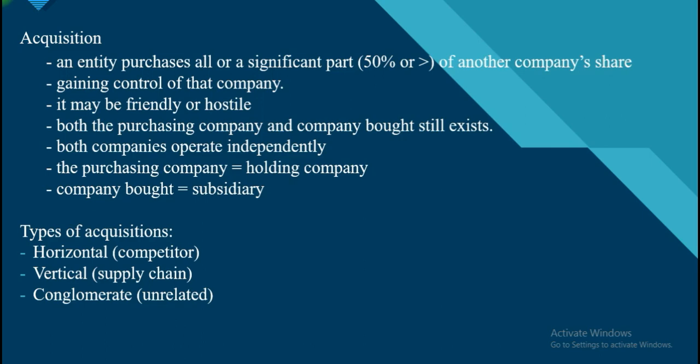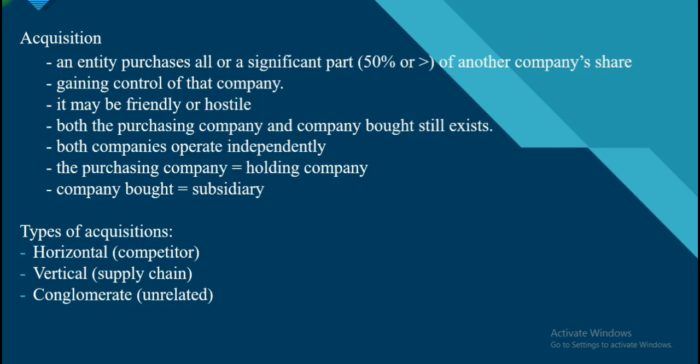All right. Now, when an acquisition takes place, you still have both entities maintaining separate legal identities. So this is where it differs from a merger, because when a merger takes place, the merger produces a new business. So the two entities before would cease to exist legally.